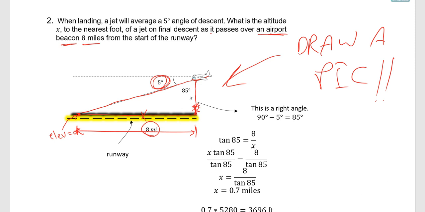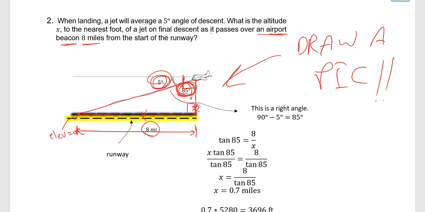So essentially we have a right triangle. This is 90 degrees because this is where the airplane is right now. Since the angle of descent is 5, this angle is 85 degrees, because these two are complements of each other.